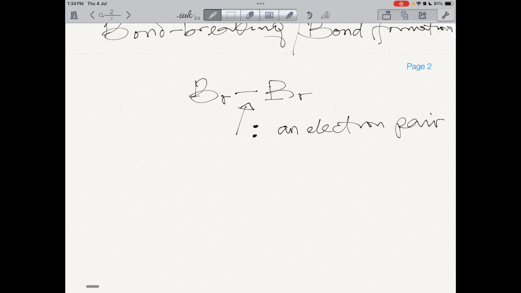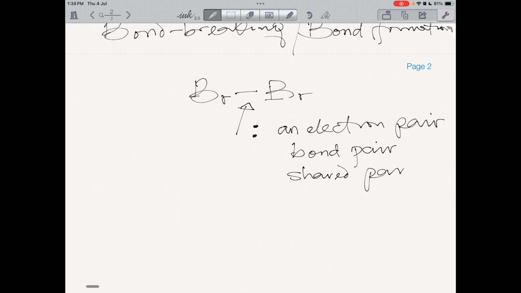But which kind of electron pair is this? This type is a bond pair. You have some other types of pairs, like lone pair. This is called the bond pair. It can also be called the shared pair.